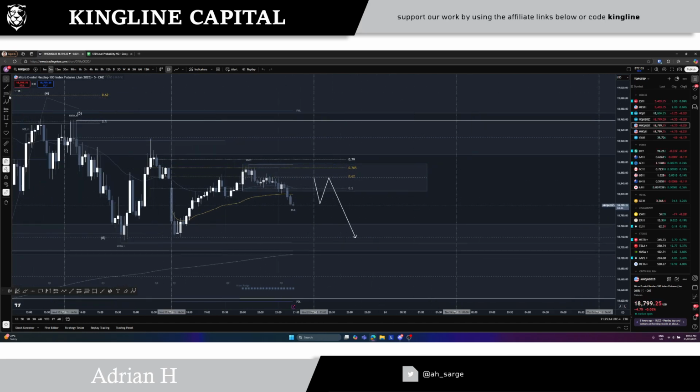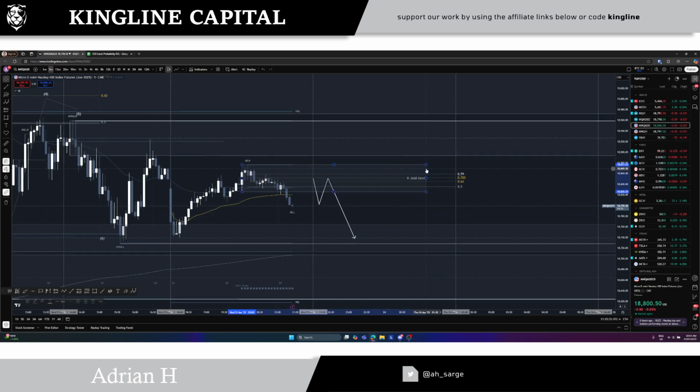We can do an OTE swing of this leg 2 once that low's in. Just get rid of this one. Once this low comes in, drag this across for the next H4.